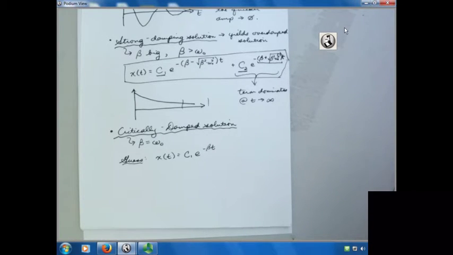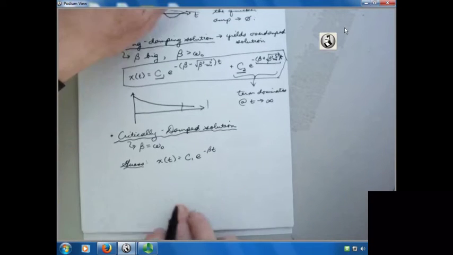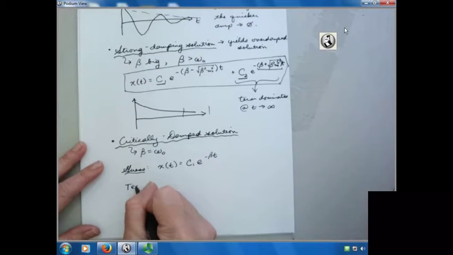Now, we can plug that in as we had done, but I didn't show you for all the previous ones, to show that it does indeed solve the equation of motion and can solve the auxiliary equation, which is how we got them. But in this one, I think it makes sense for us to test the guess just because it's a wrong guess, and it's worthwhile to see why.